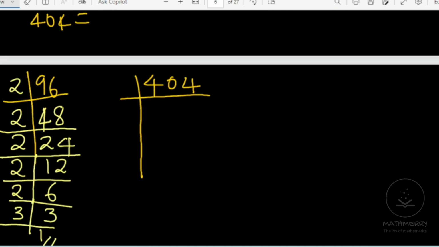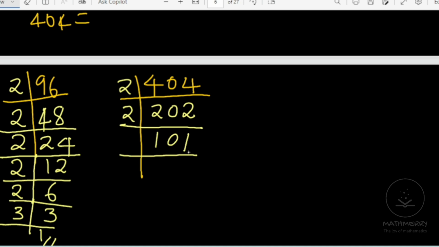Now 404. Here 404 is again an even number, so we can divide it with 2. 404 divided by 2 is 202. Now 202 is again an even number, so we can again divide it with 2. 202 divided by 2 is 101.